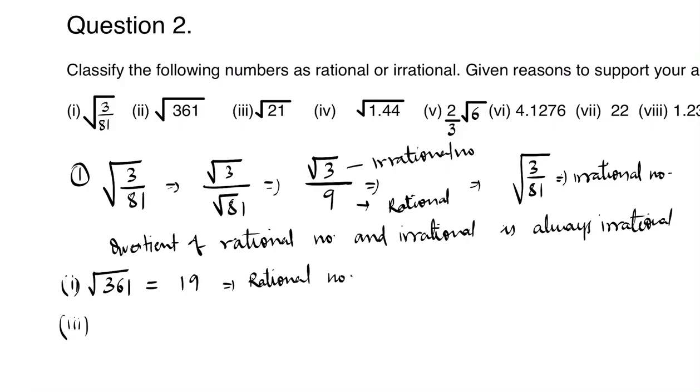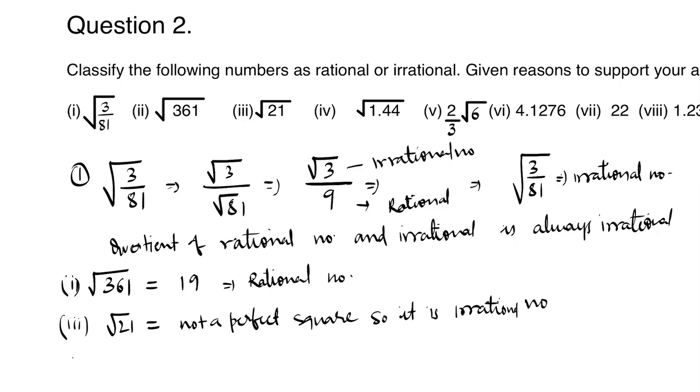Okay, the third question is root 21. So root 21 is not a perfect square of any number, so it is an irrational number.